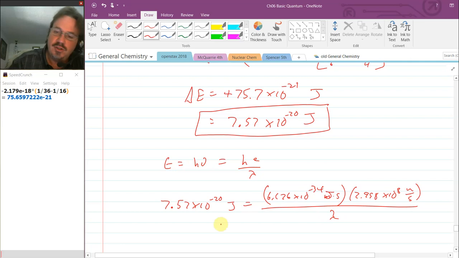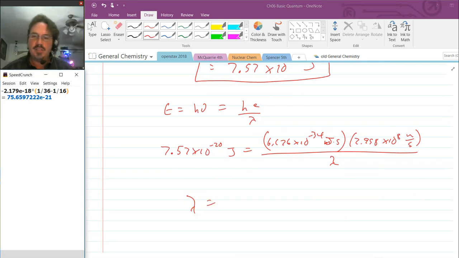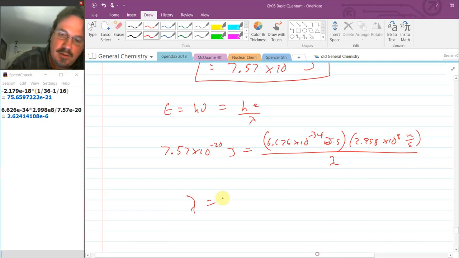Of course, joules and joules will cancel, seconds and seconds will cancel, and lambda will come out in terms of meters. So again, we'll go over the calculator and punch that through. We've got 6.626 e minus 34 times c, 2.998 e8, divided by the energy, 7.57 e minus 20. All right, lambda is 2.62 times 10 to the minus 6 over here.